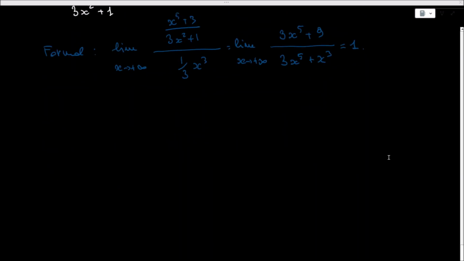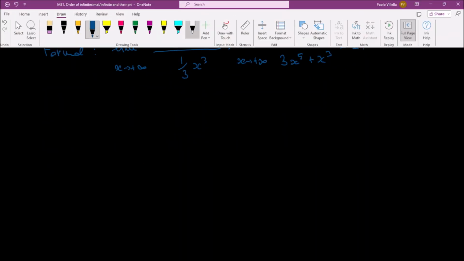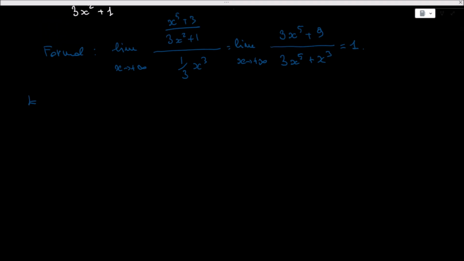Let's look at another example. Let's consider now x to the fifth plus sine of x divided by 3x squared plus 7. Well, clearly when x goes to plus infinity, what really counts is x to the fifth at the numerator and 3x squared at the denominator.